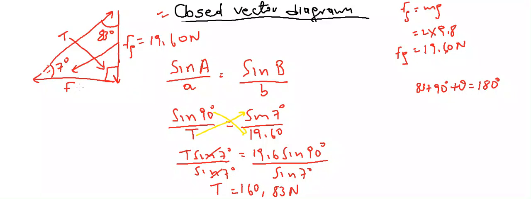Now the question says calculate a force, this force that was applied. That force is opposite to 83, which means if we are looking for that force, we will use 83.